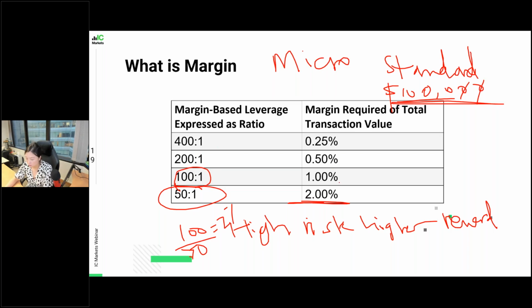This is in percentage how much is required of the total amount that you want to trade. This is what they mean by margin, and how they portray it in ratio versus in percentage. Different brokerages require different margin, depending on the leverage allowed.